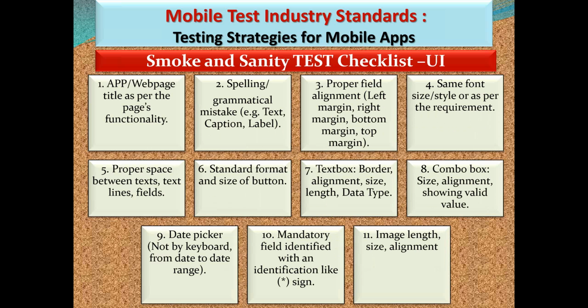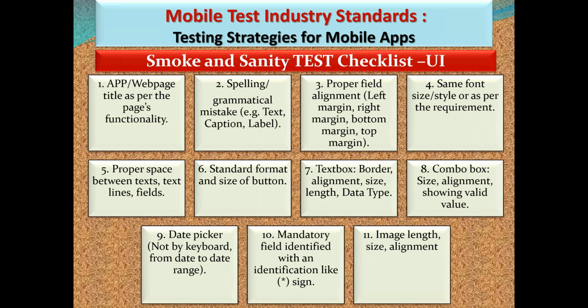Just look for the inconsistency. Proper field alignment, like for example, left margin and right margin, bottom margin and top margin. What I am talking about is your application should be distributed evenly on the screen without any shifting to the left, to the right, to the top, to the bottom.